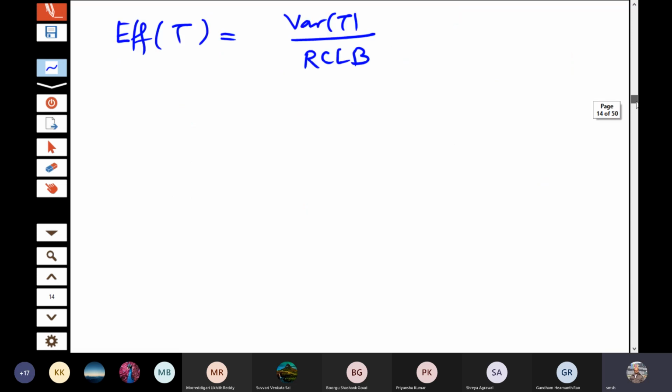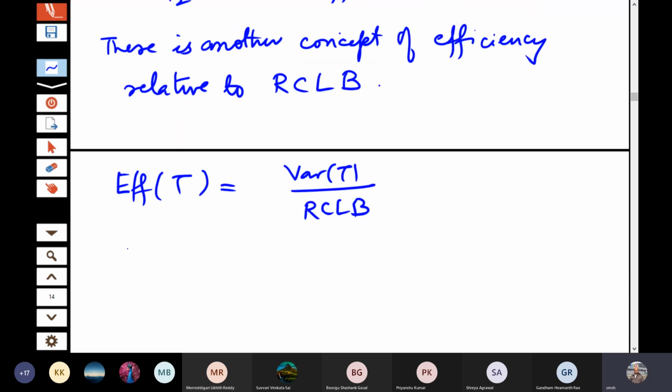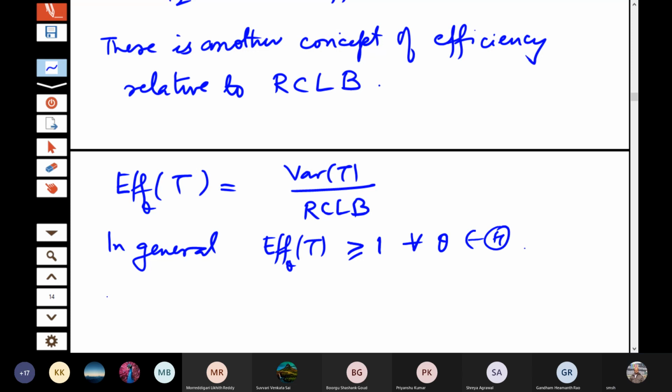So in general, this efficiency will be greater than or equal to 1 for all theta.